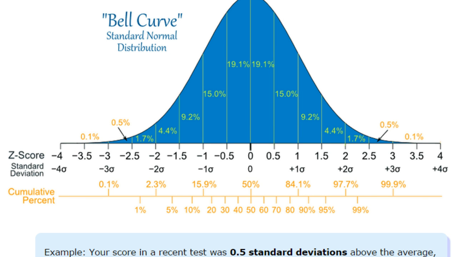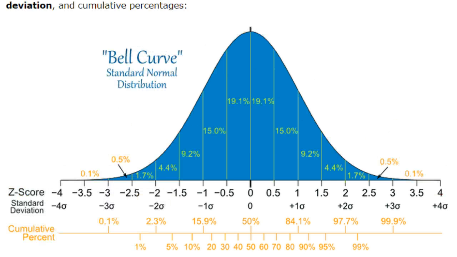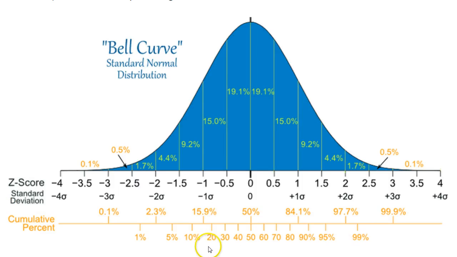Okay, so now really looking at this kind of fast too. I did not talk too much about it, but usually between plus or minus one standard deviation is going to be about, I believe, 68.2%. Between plus or minus 2 is going to be another 13.6 on each side.